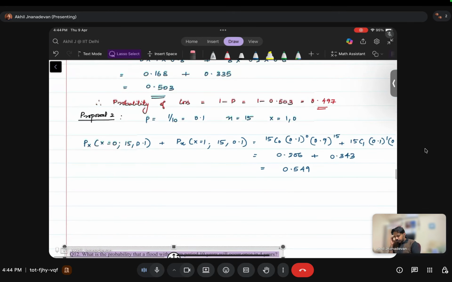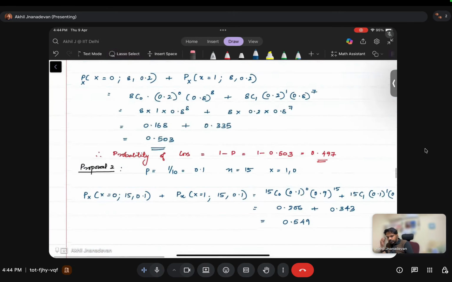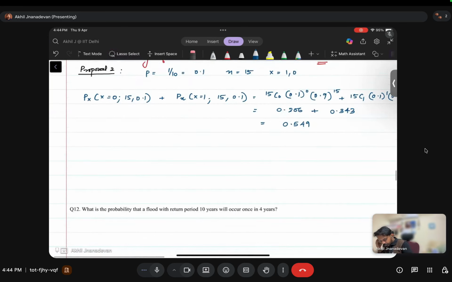Right. So here also we can find the loss probability. The loss probability is equal to 1 minus 0.549, that will be 0.451.